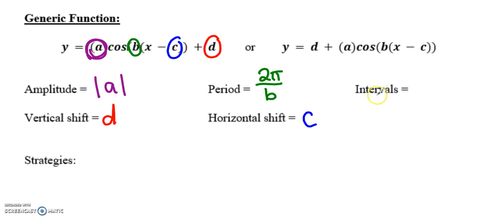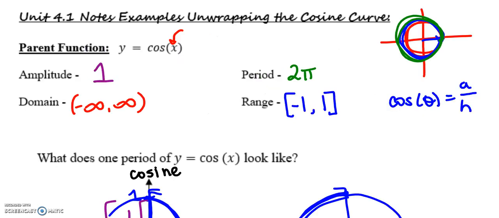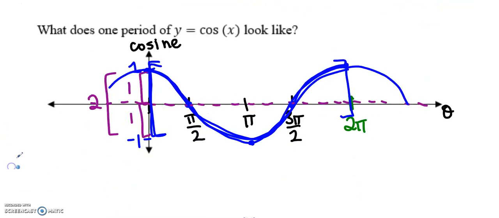So then these intervals, again, these are just used for counting and labeling that x-axis. If I think back to that cosine curve, I had 1, 2, 3, 4, 5 points, which means I've created 1, 2, 3, 4 intervals.